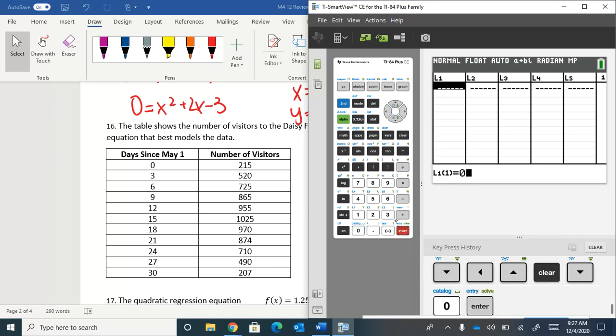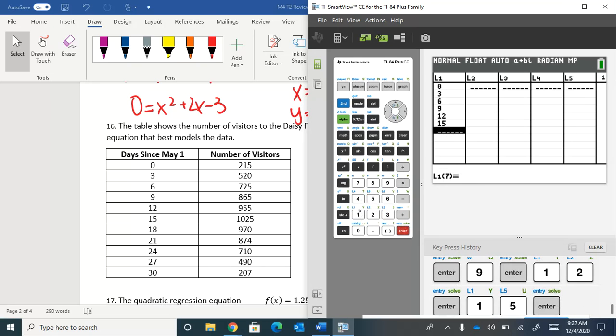So 0, 3, 6, 9, 12, 15, 18, 21, 24, 27, 30. And then you're going to click over to L2 because that's where you're going to put in the next column of data.